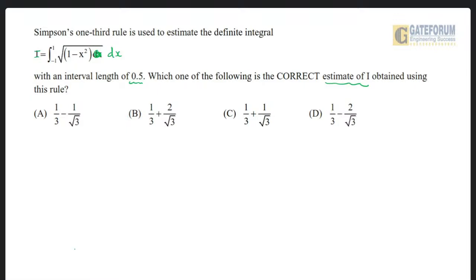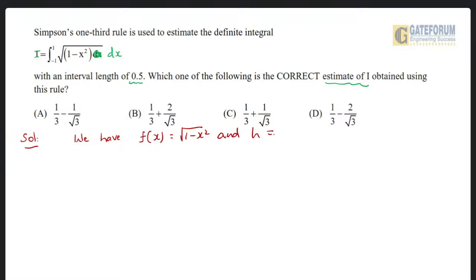The solution is, so first, from the given definite integral, the integrand f of x is f of x equal to square root of 1 minus x square, and the step size, usually denoted by h, is the interval length.